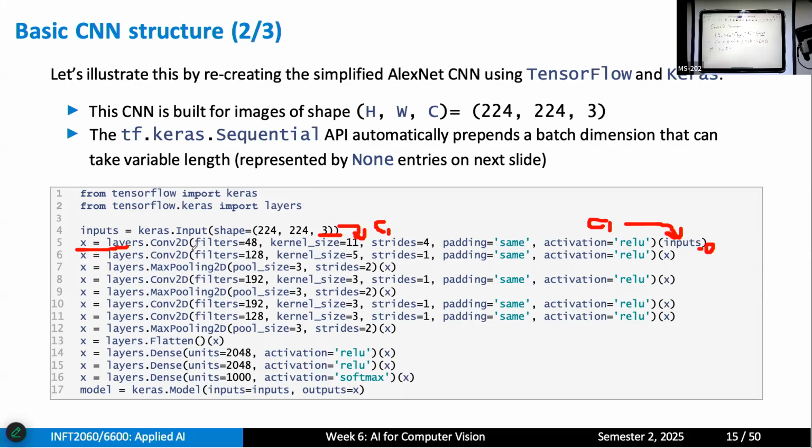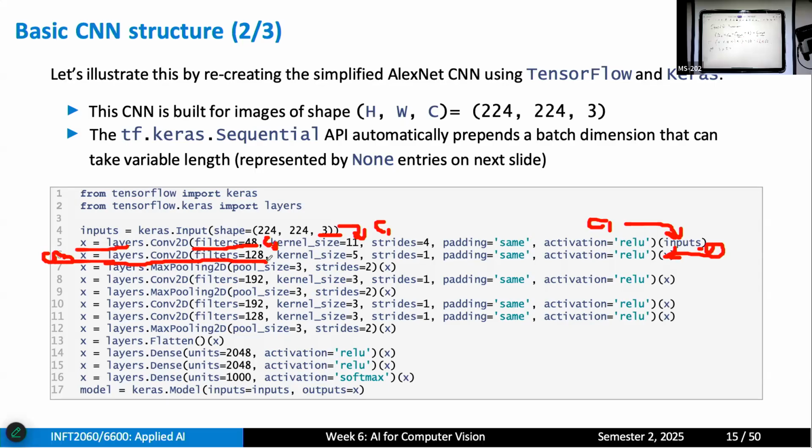And filter is this layer's C out. And this C out X is transferred to here. It means this C out is this C in. Got it?